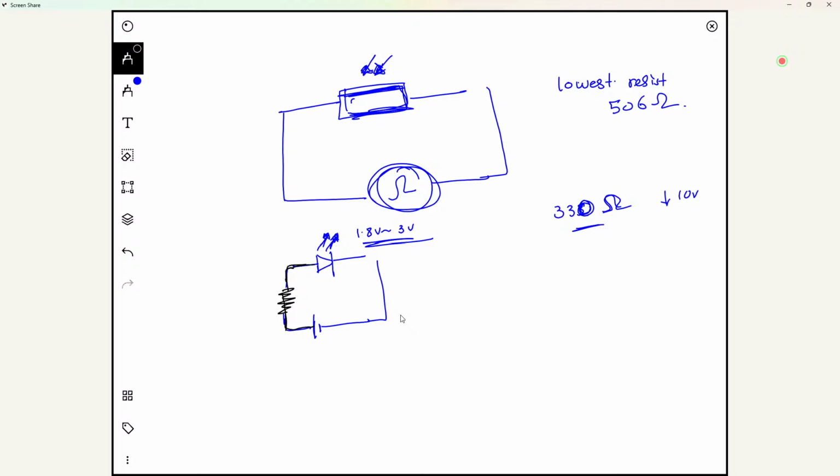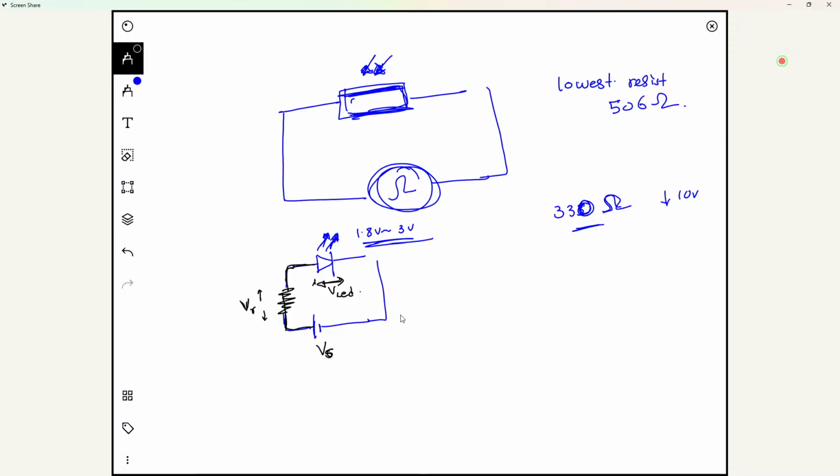So what happens is the power supply voltage, let's say Vs. There will be some kind of a voltage drop. We will put that as VLED and VR for the resistor, across this resistor.